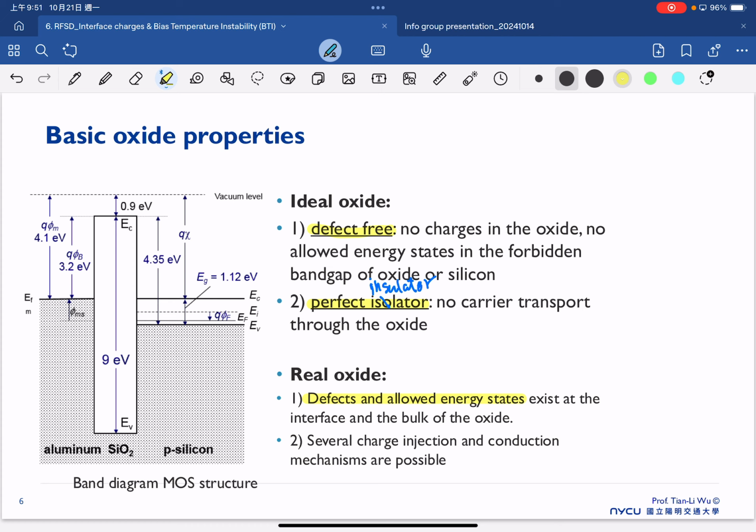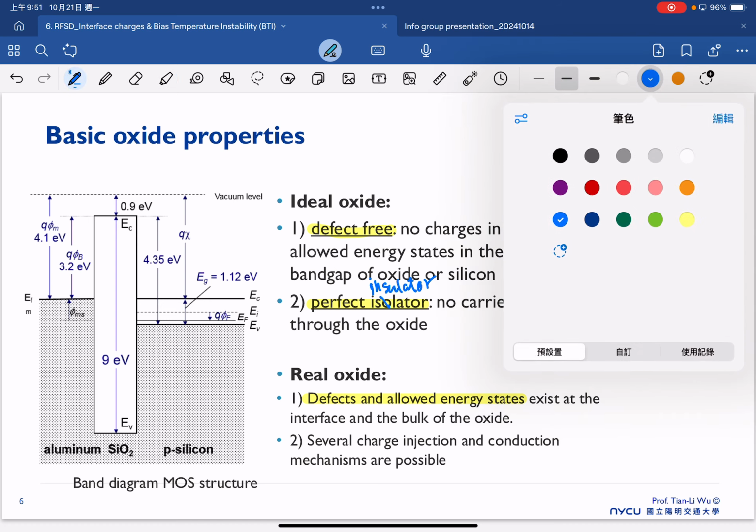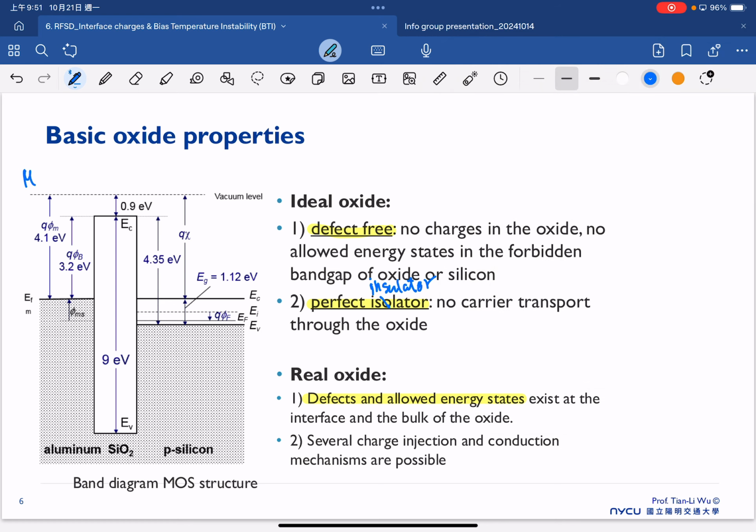So if you look at the band diagram on the left for the MOS structure, we have the metal here, the SiO2, and the silicon here. When we plot the band diagram, not only do we have to pay attention to the band gap, sometimes we also have to be sure about this value, which is what we call the band offset.